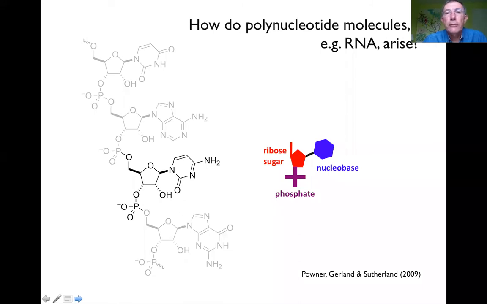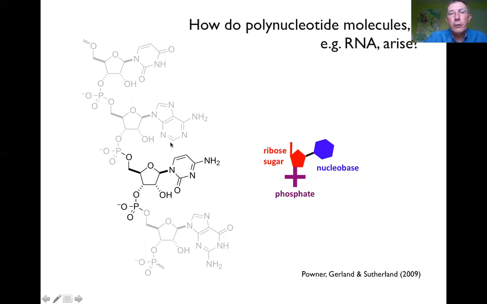And those monomers, in the case of the genetic molecule, as many of you know, of course, are the individual nucleotides, which polymerize in a very specific way with a backbone made of phosphate. There's the phosphorus here. There is a little cartoon here. Phosphate and ribose sugar.